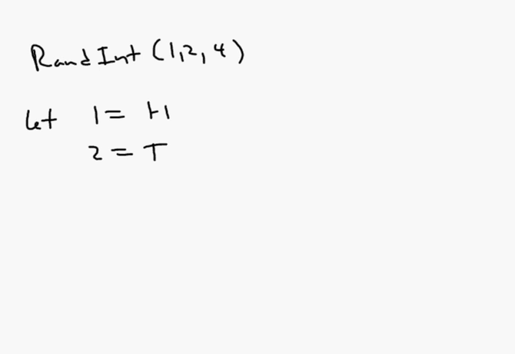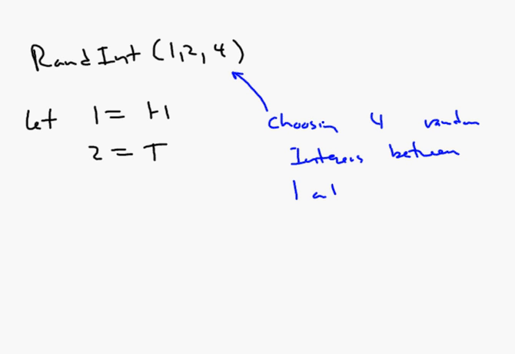And then what this thing is doing is that we're choosing 4 random integers between 1 and 2 inclusive. Okay? Let's do an example.